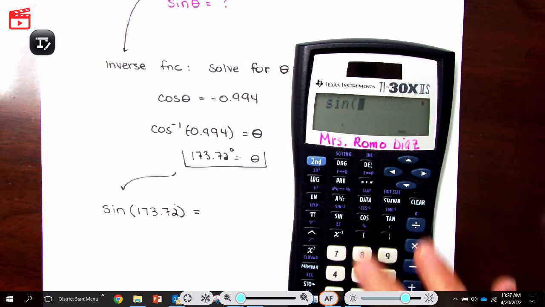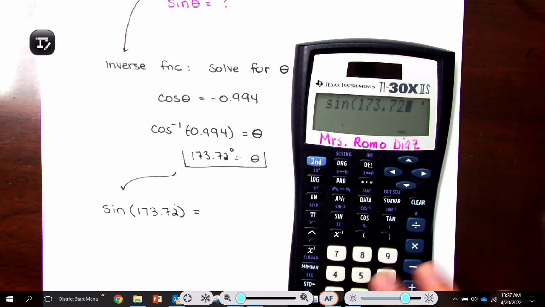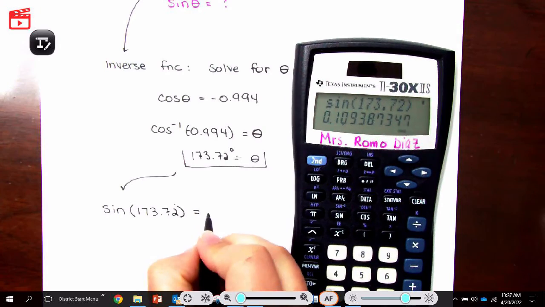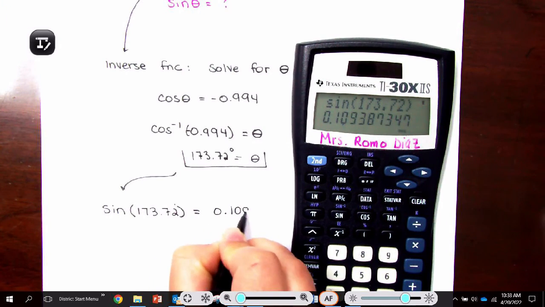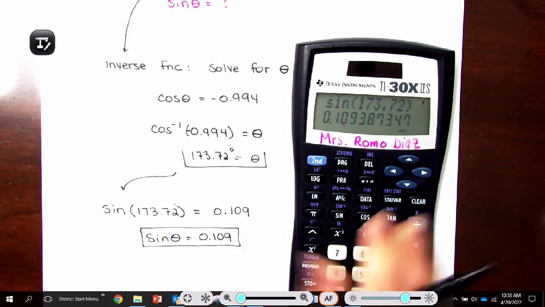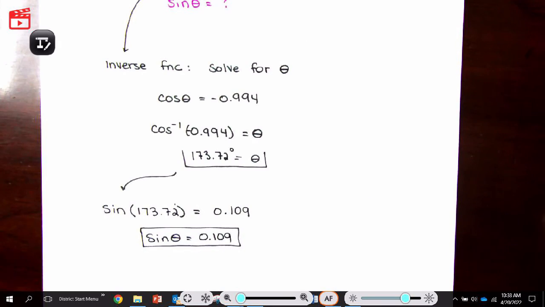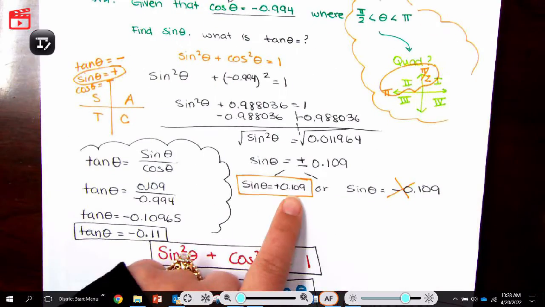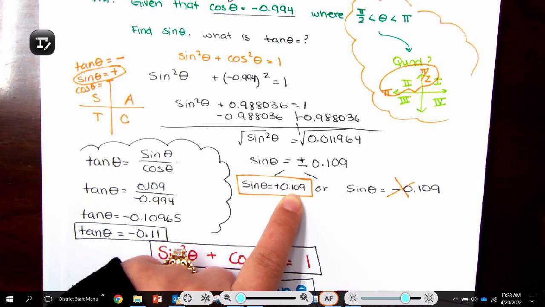Press enter, and we have 0.109. So sine of theta is equal to 0.109. If we go back to our example, we'll notice that, in fact, it is that positive 0.109.